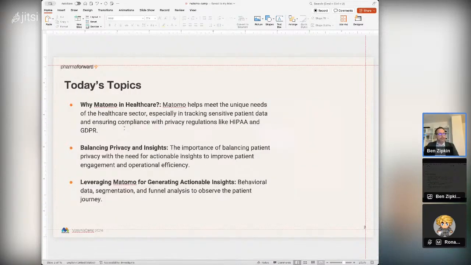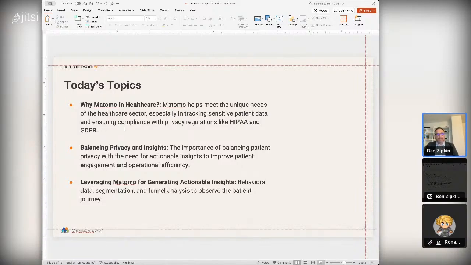I'm going to share today what I think are some best practices and strategies for leveraging Matomo for healthcare-based websites. And I say this with a deep understanding that the requirements for healthcare advertising, healthcare marketing and data collection are significantly different in the U.S. and the rest of the world.